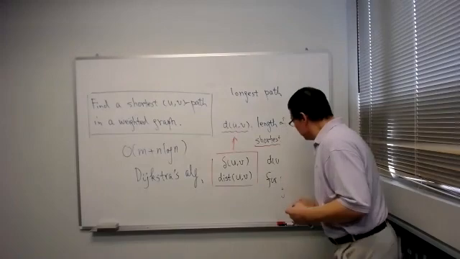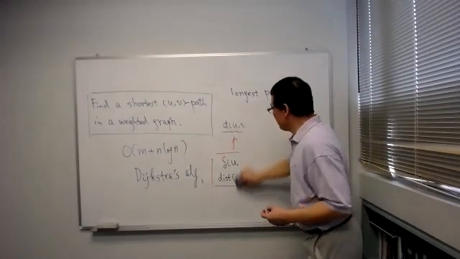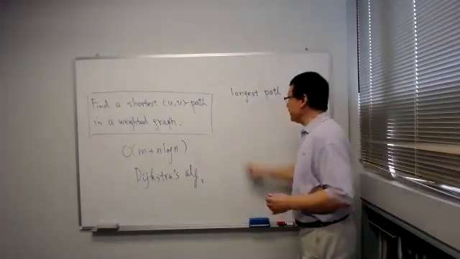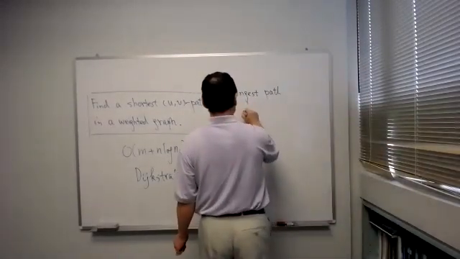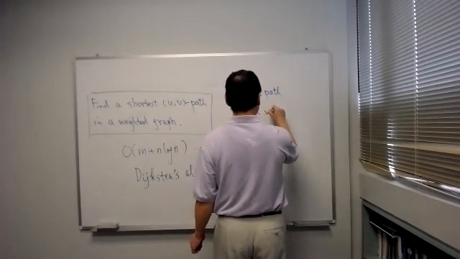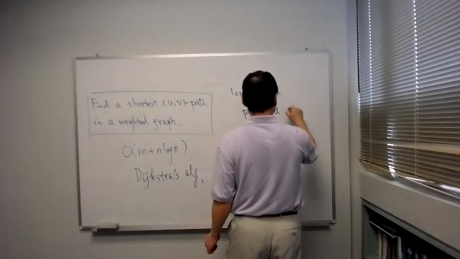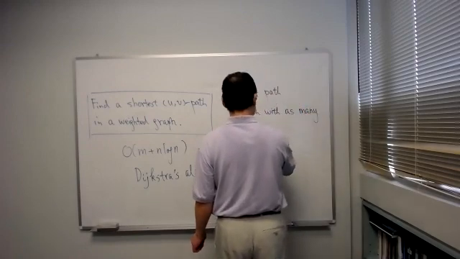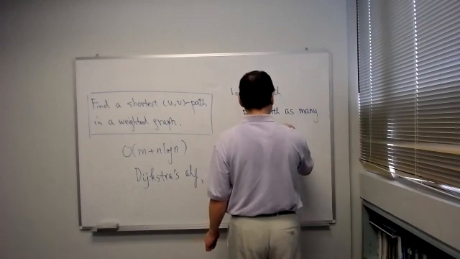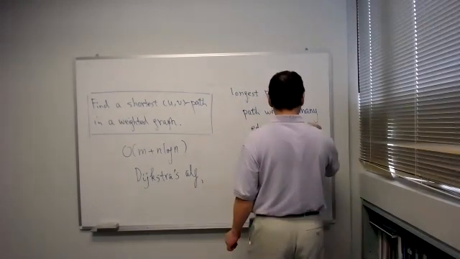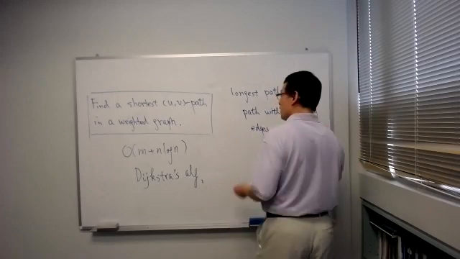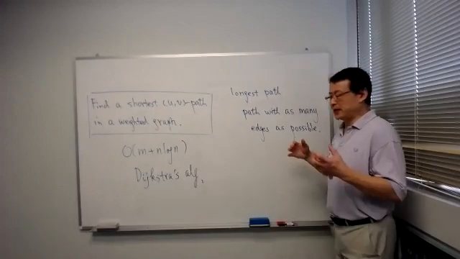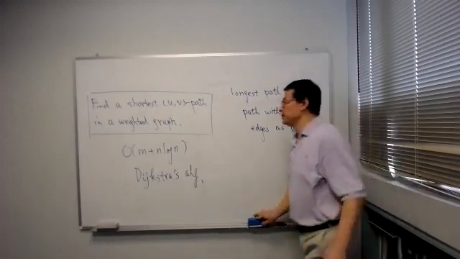So let's see what we mean by longest path. We want to find a path with as many edges as possible. So instead of shortest, we look for longest. Then the problem becomes very, very difficult.